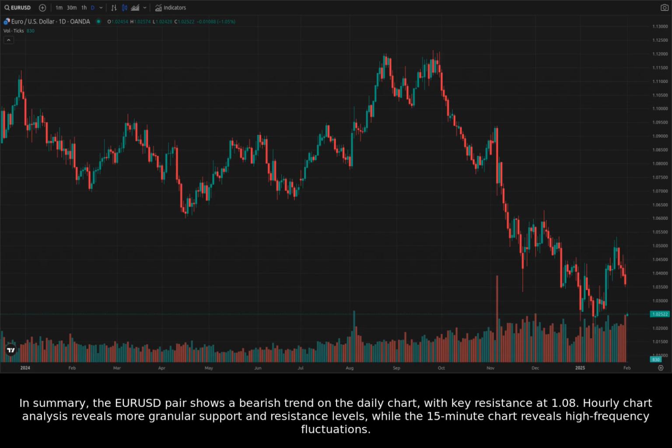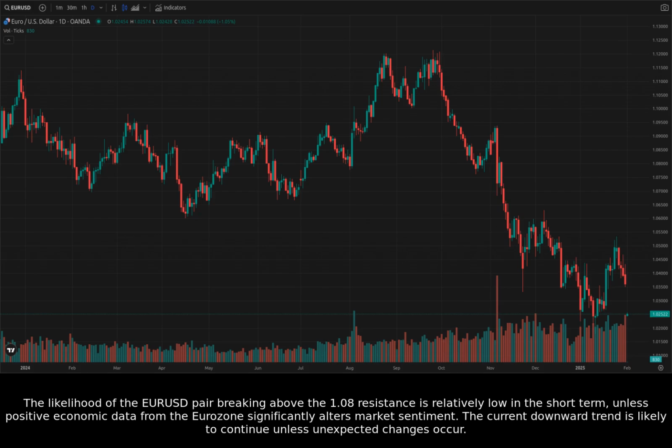In summary, the EURUSD pair shows a bearish trend on the daily chart, with key resistance at 1.08. Hourly chart analysis reveals more granular support and resistance levels, while the 15-minute chart reveals high-frequency fluctuations. The likelihood of the EURUSD pair breaking above the 1.08 resistance is relatively low in the short term, unless positive economic data from the Eurozone significantly alters market sentiment.